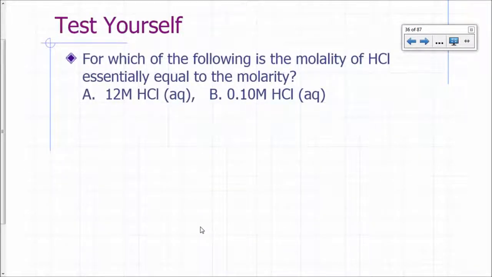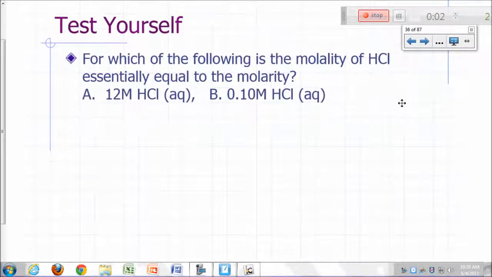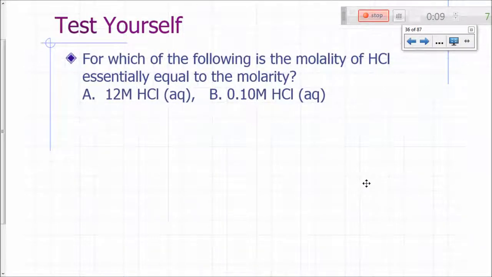Okay, so just a quick check on that idea. For which of the following is the molality of HCl essentially equal to the molarity? Everyone's clicked in.